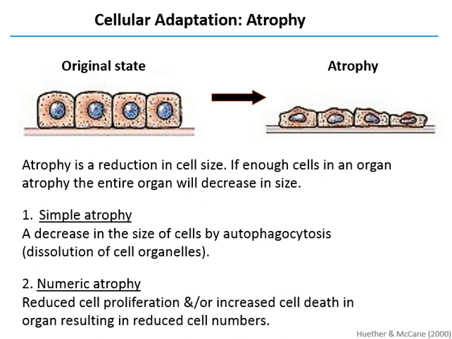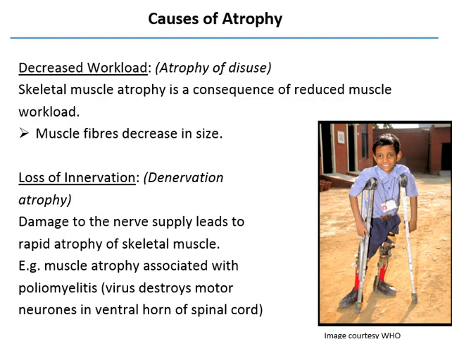Now, atrophy may reflect a normal adaptation to changed circumstances. However, it can also indicate underlying problems. This highlights what I've just said. Atrophy can occur for a number of reasons. It can occur due to a decreased workload. For example, stopping a program of lifting heavy weights will cause a reduction in the size of skeletal muscles.